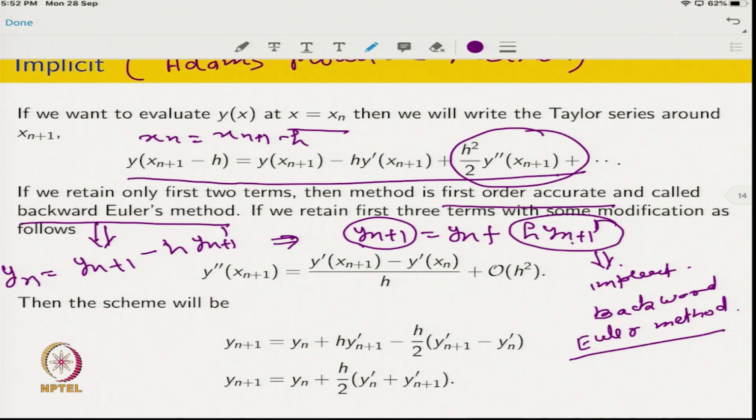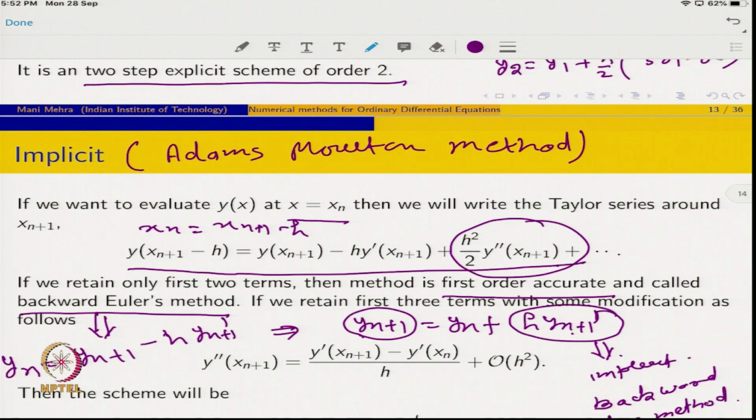okay. Clear to everyone? So, in a similar way with some modifications, I can show how to develop high order implicit methods, and those methods will come under the category of Adams-Moulton methods.